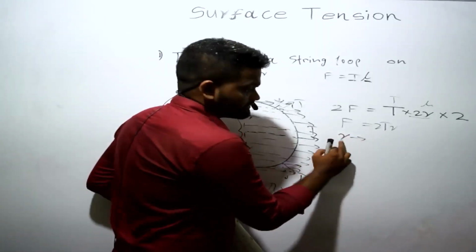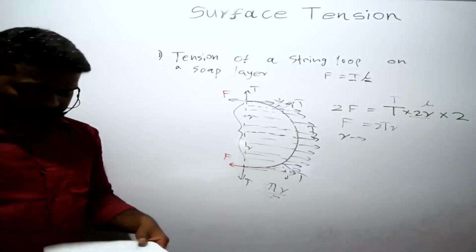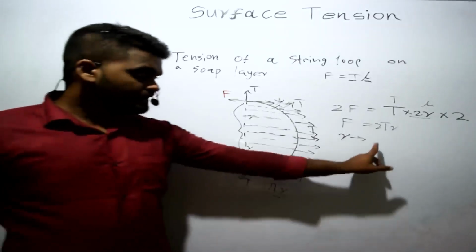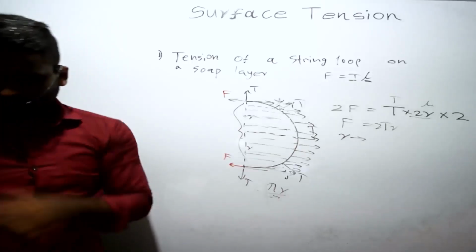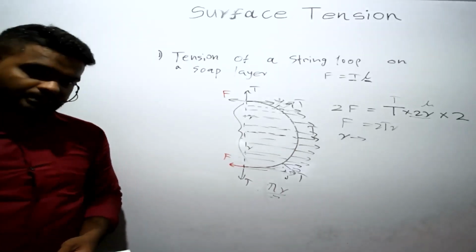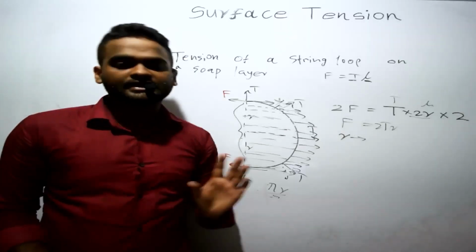Here write down simple r arrow, radius of the loop after equilibrium.